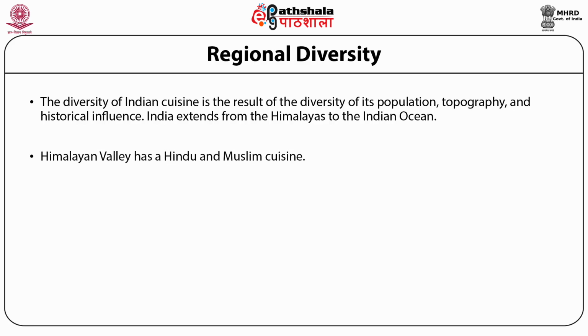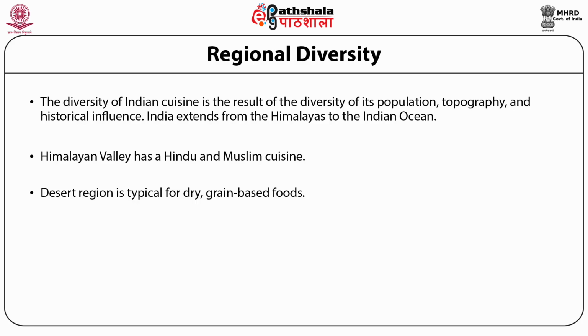The Himalayan valley, that is Jammu and Kashmir, has a Hindu and Muslim cuisine rich in nuts, fruits, vegetables, and meat. The desert region is typical for dry grain-based food and use of chickpea or millet flours.